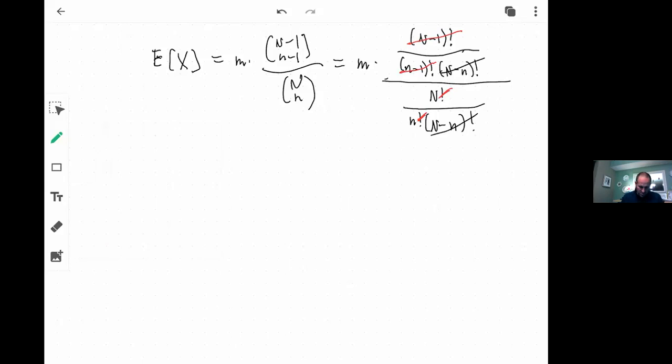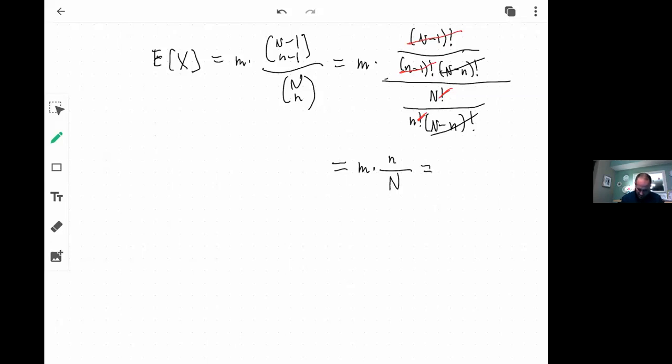Okay, so what do we end up with? Well, check it out. This is just m times, I have big N over little n, and I need to invert that, and it's going to be little n over big N, okay?